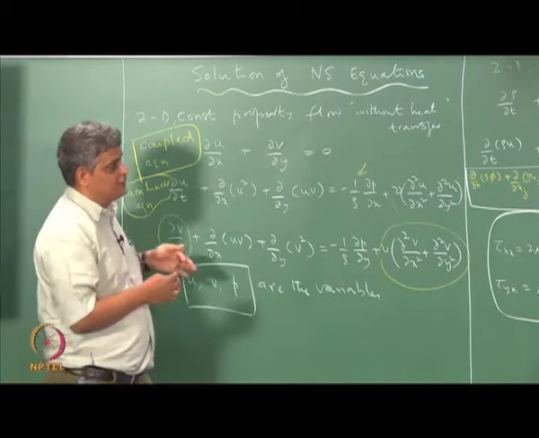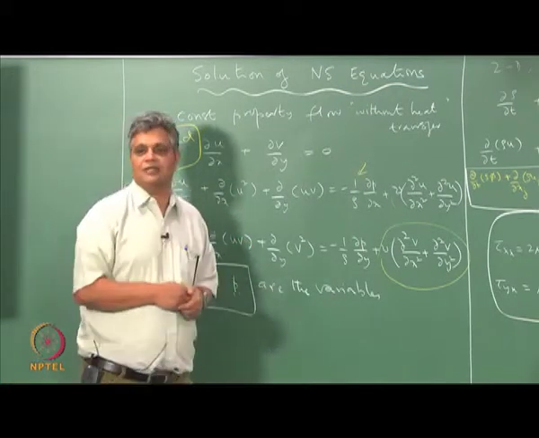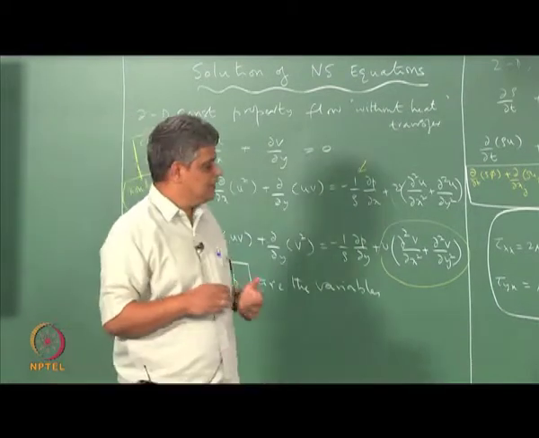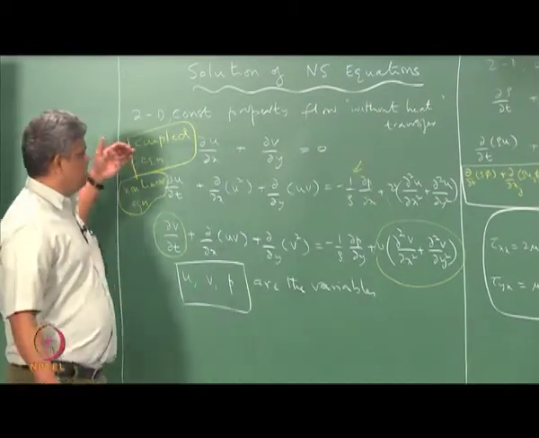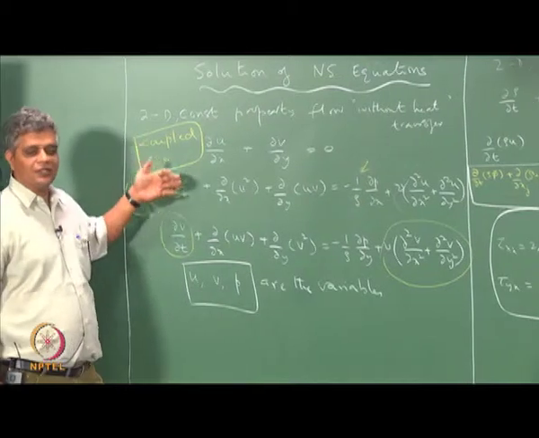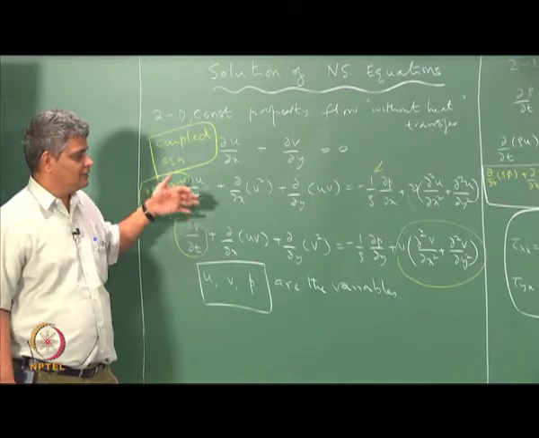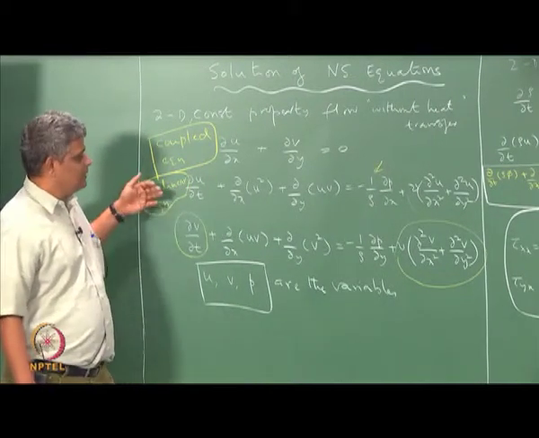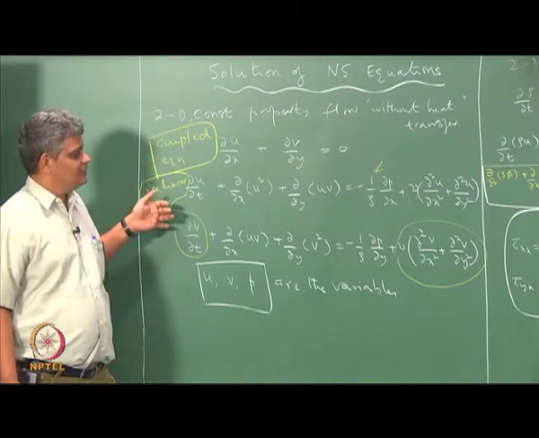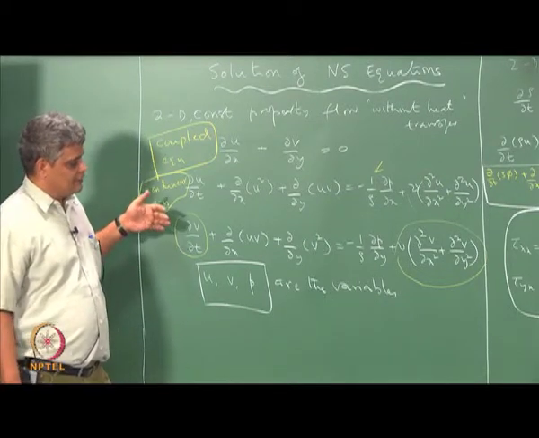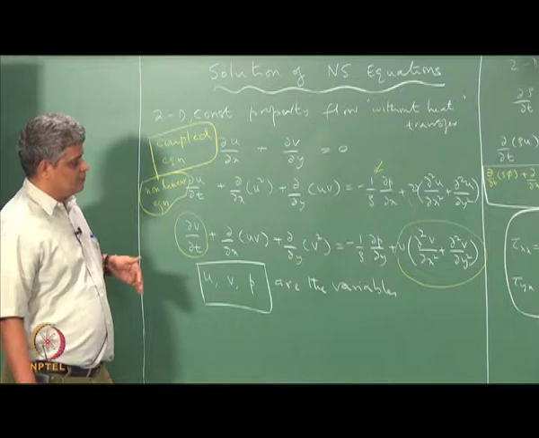So this is a feature of the equations that we are trying to solve. The features are: we have coupled equations, no single equation can be solved in isolation, and we have a nonlinear component to this, so that is giving a problem.